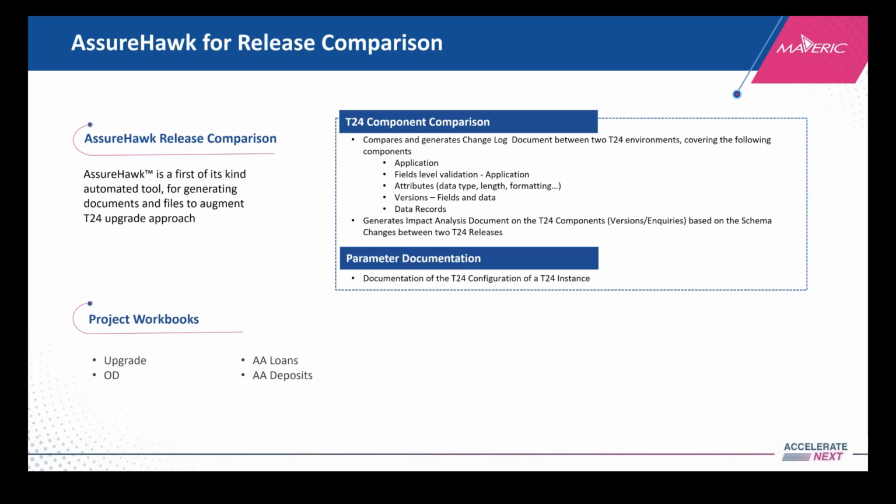Hence, it will be able to identify the schematic changes between the two releases and present you with a changelog document, and also, because of the changes, which underlying T24 components are going to get affected, be it your version, your inquiry, all those will be highlighted in the impact analysis document that gets generated through the Azure Hawk tool.